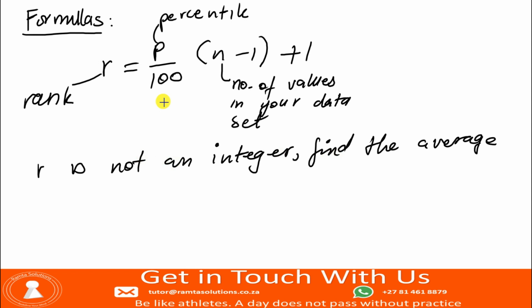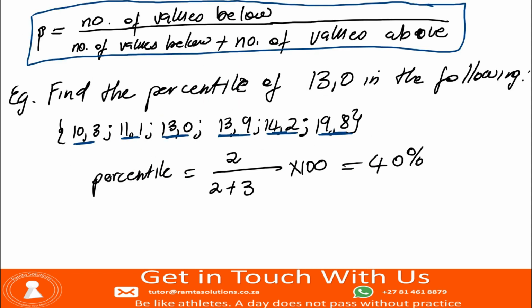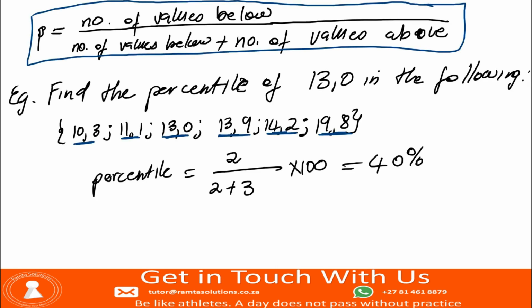So I'm going to show you what I mean. But before that, let's also try to explain this. Remember, when we talk percentiles, they range from 0 to 100. You can have your first percentile, 0th percentile, second percentile, 25th percentile, and all that.